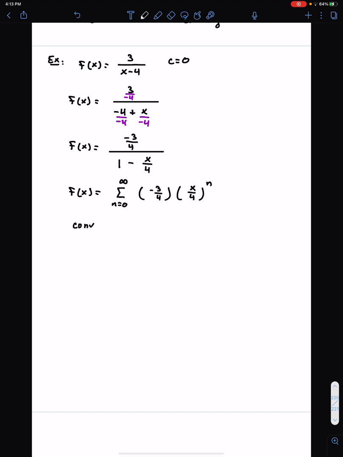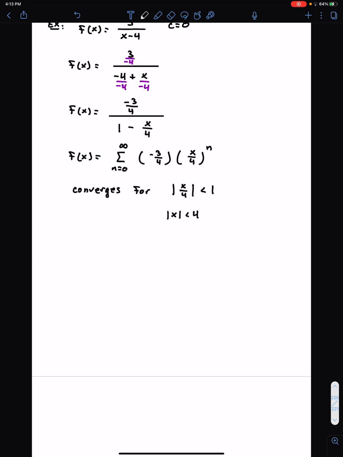This series converges when r is less than 1. So absolute value of x is less than 4. 4 is the radius of convergence. And the interval of convergence is negative 4 to 4.